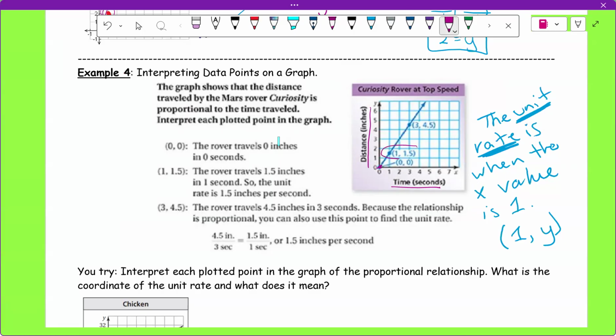Now this point here is our unit rate. Whenever x is 1, that's our unit rate. So this point here is our unit rate, which is telling us that the rover travels 1.5 inches in 1 second. So that's our unit rate. And then we have another proportional data point here.